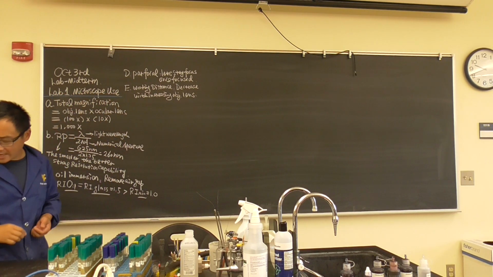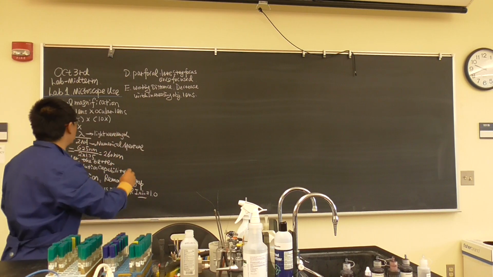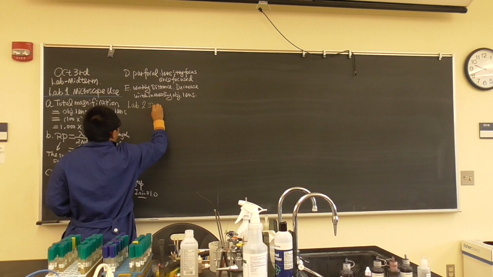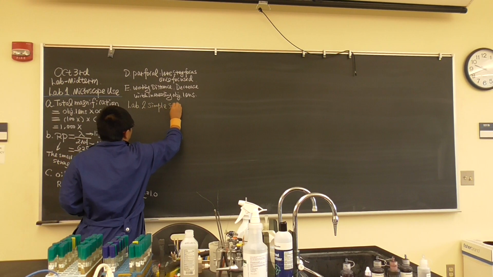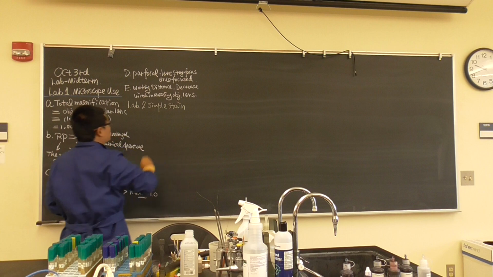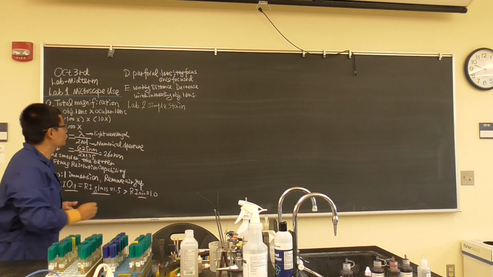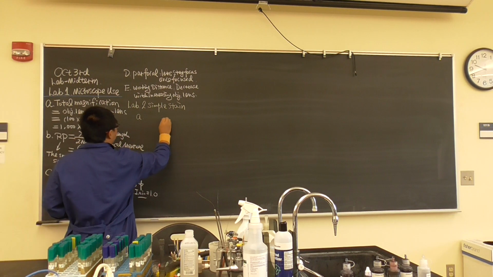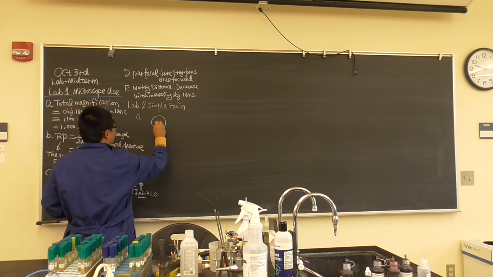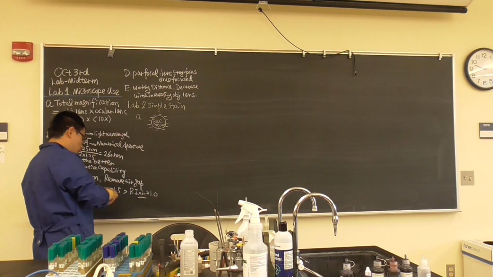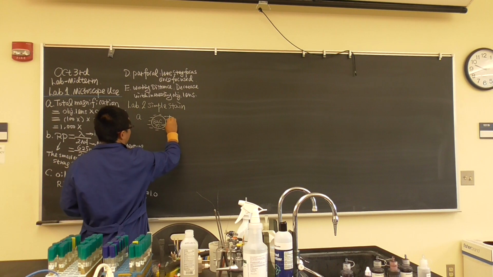Then we move on to lab two. What we did for lab two is the simple stain, where we really started to touch bacteria. We're using staining technology, and we also review the microscope use. First thing first, why can we do a simple stain? Because the bacteria culture, after 35 degrees Celsius for 24 hours, is negatively charged, and most of those dyes are positively charged.